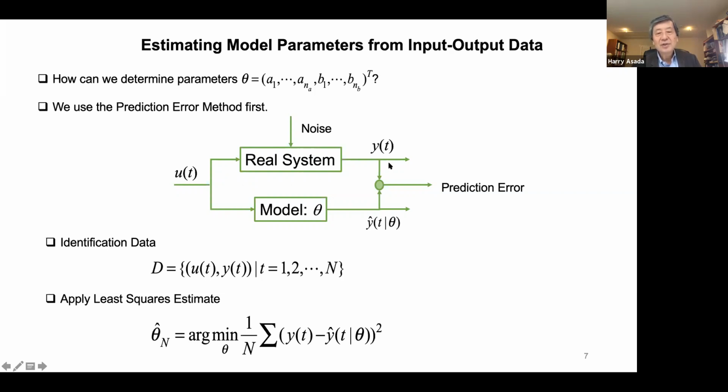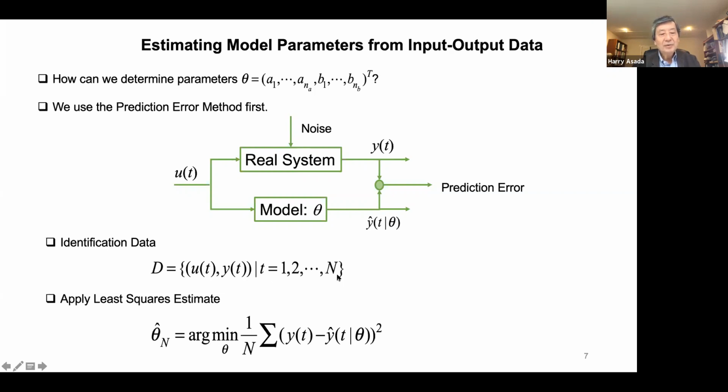So the real system output is y(t), and the model-predicted one is y hat(t|theta), which depends on the parameter values used. We look at the prediction error, and based on this prediction error, we would like to estimate the parameter value theta. So we use identification data, u(t) and y(t), t going from 1 to capital N.